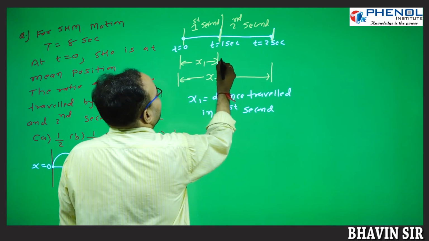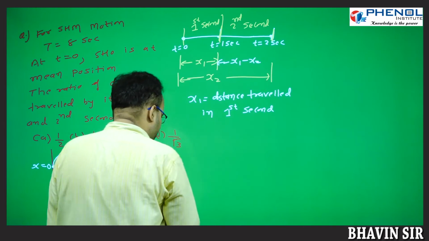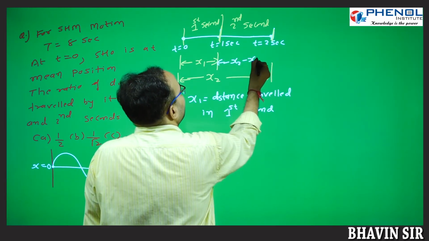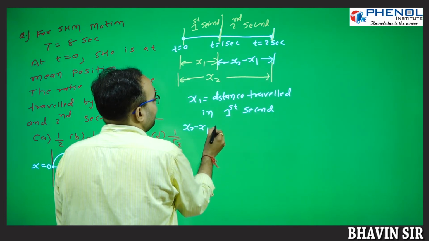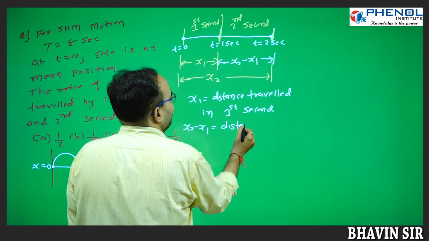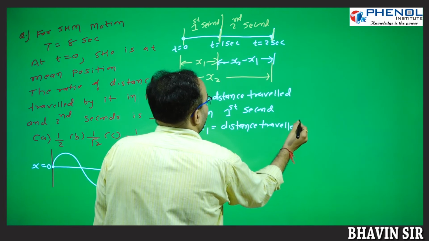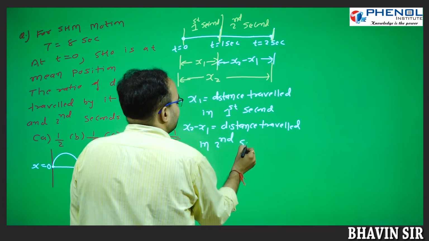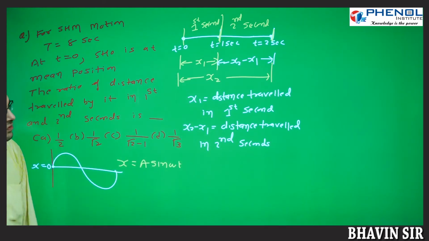And x2 minus x1 is what? Distance traveled in the second second. So first find x1, then x2, then subtract.